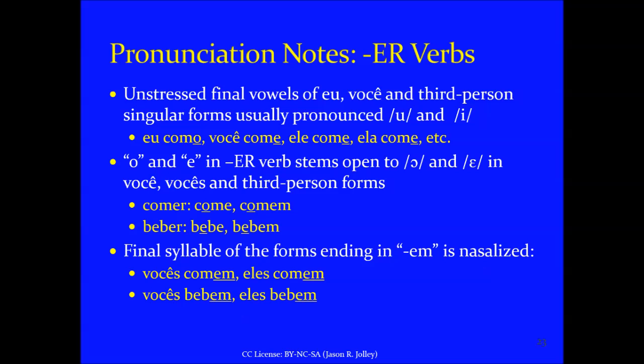It's a hard sound for me, so I may not be doing it perfectly. And the E sound in bebo or bebemos is pronounced é. So it sounds like você bebe, ele bebe, vocês bebem, eles bebem. So from E to é, você bebe.